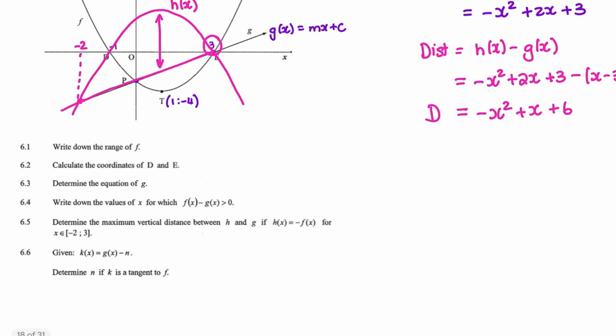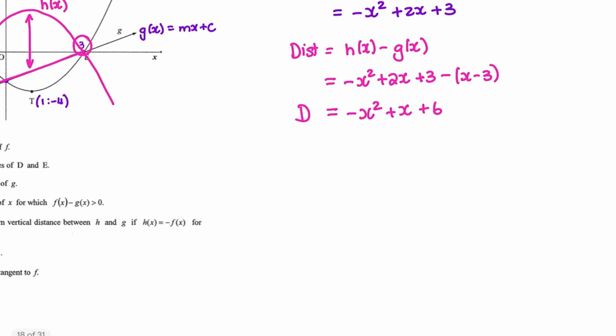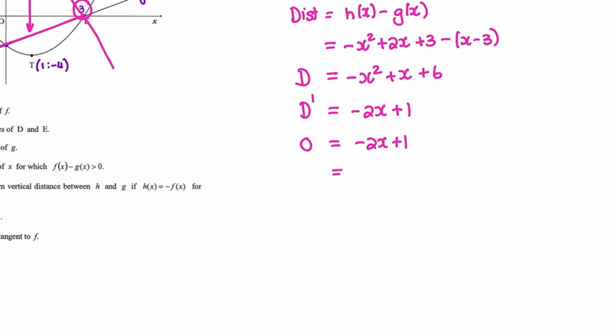Now, if I want to find the maximum distance, I'm going to use calculus. You can also use completing the square. If I take the first derivative, that becomes -2x plus 1. To find the maximum distance, it's where the first derivative is equal to 0. So I'm solving for an x value. If I solve for x, I have x equal to a half.